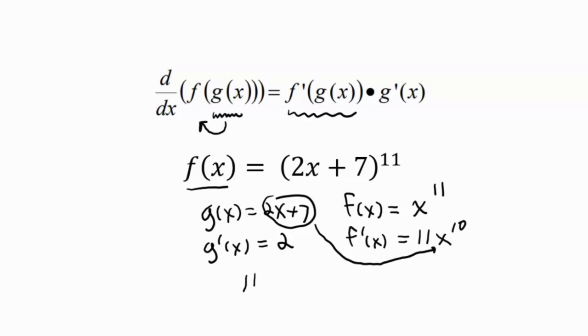So we get 11 times 2x plus 7 to the 10th power times g prime of x. Well, what's g prime of x? g prime of x is 2. So we get 22 times 2x plus 7 to the 10th power.